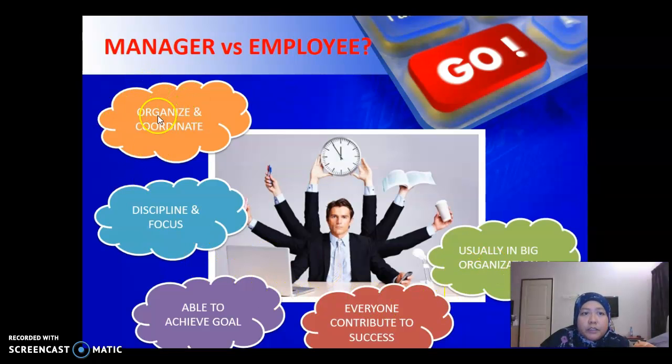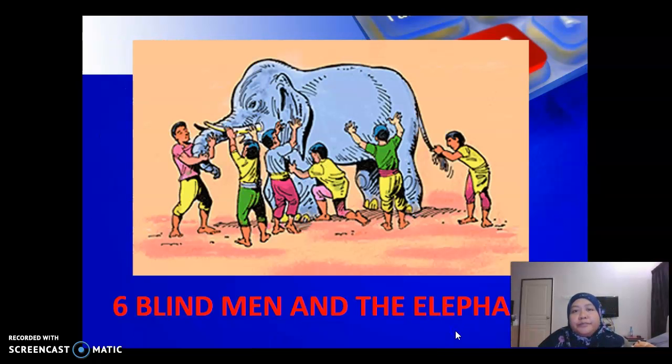Usually a manager must be able to organize and coordinate, must be able to discipline and focus, must be able to achieve the goal, and must be able to make everyone contribute to the success. Usually this manager and employee distinction you can see only in big organizations. Sometimes in small organizations we are the manager and we are the employee, right?